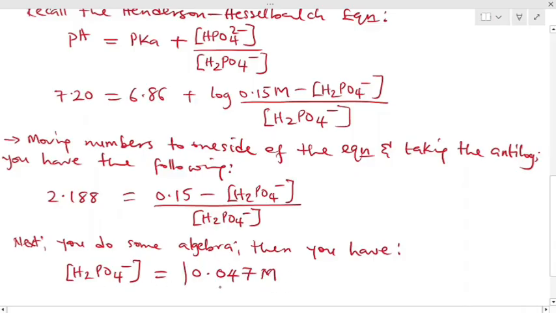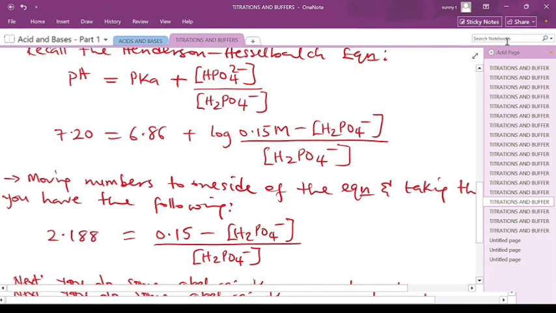So we've gotten the concentration of one of the species. Since you know the concentration of H2PO4 minus, you can easily solve for HPO4 2 minus by substituting the value into your original equation. We'll take that in the next slide.